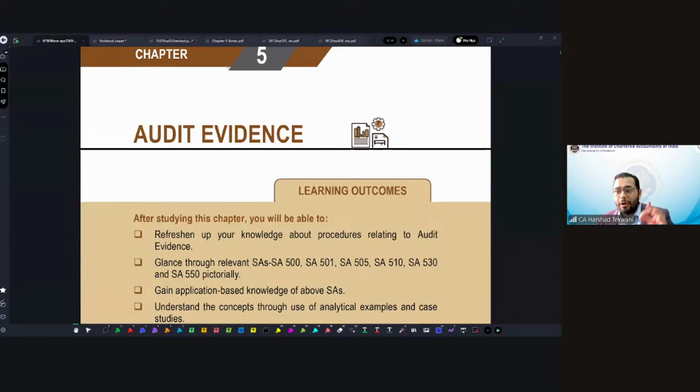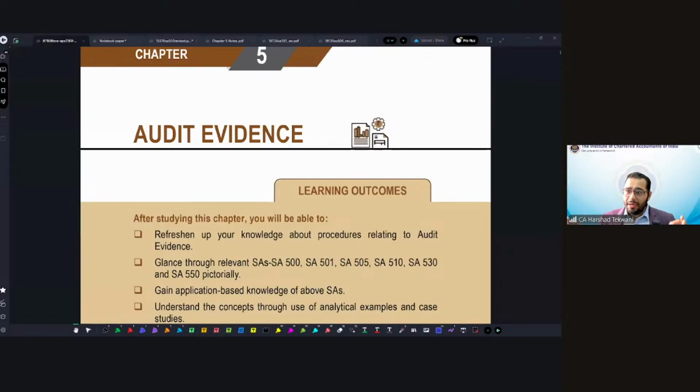When I talk about change, it is a scenario where you are migrating from the AS to the Ind AS, or something similar where you are adopting a new accounting policy. So the change should be dealt with in accordance with the applicable financial reporting framework.